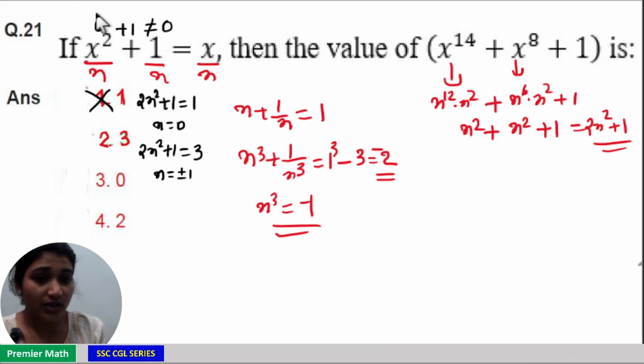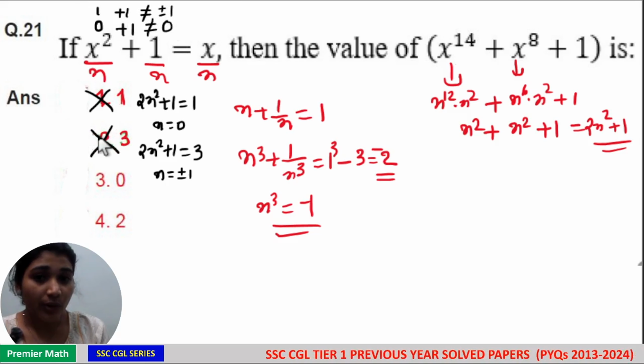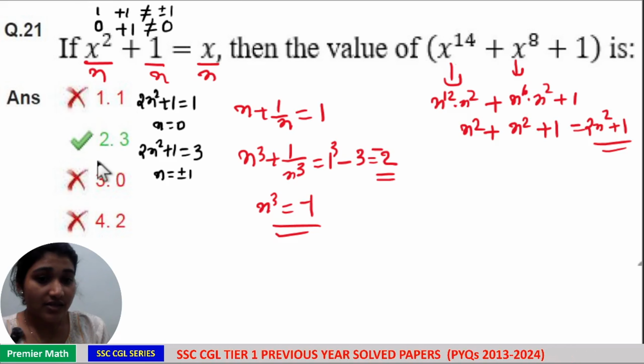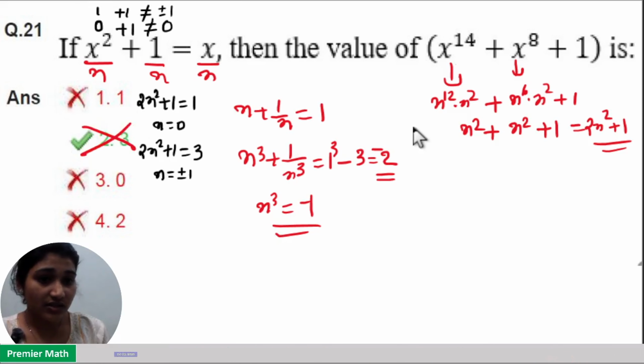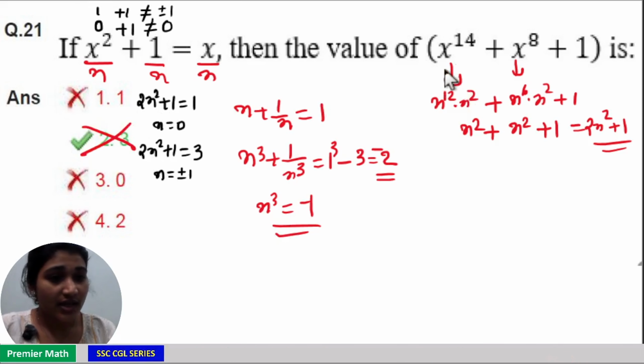If you substitute here, 1 plus 1 is not equal to plus or minus 1. So again, option 2 is wrong. But here the answer is given as option 2. That is a wrong answer. This question is wrong.